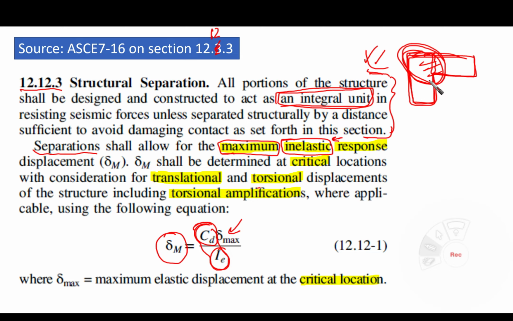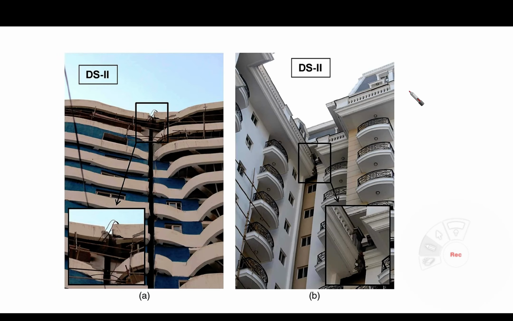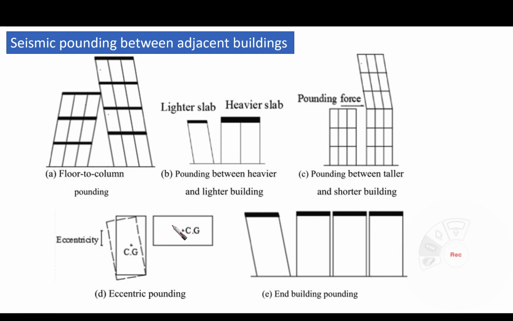This is what we have mentioned before, the critical locations. So for example, something like this one, or maybe here, or maybe here at this level. So we need to find this maximum at critical locations. No need, for example, to calculate the maximum inelastic at this level, because we know that it's not the critical one.